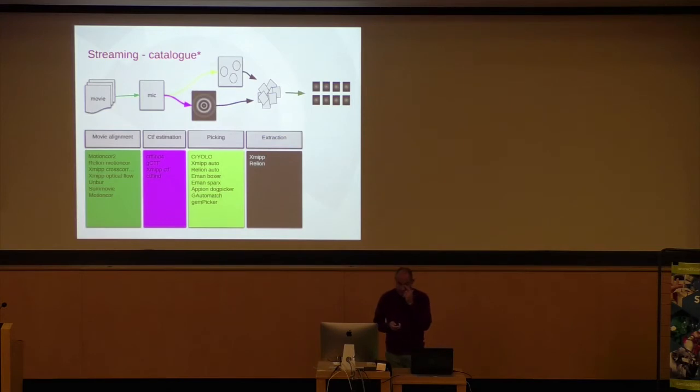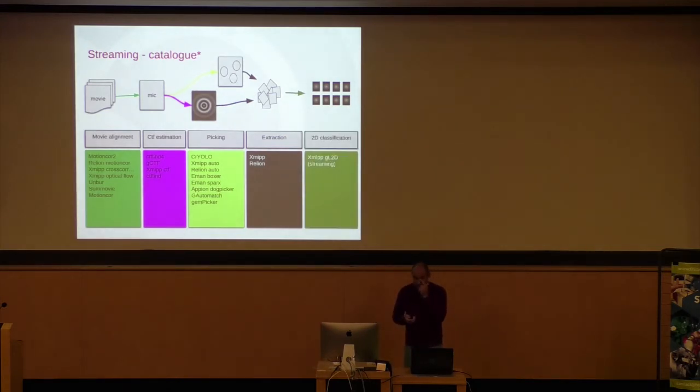And for extraction, we have 2 methods, Xmipp and Relion extraction. And there are other 2D classification methods, Relion 2D and Xmipp CL2D, but they don't work in streaming. And what I mean is they are not able to incorporate new particles into their already running algorithms.